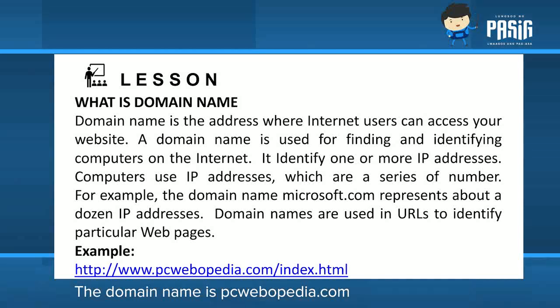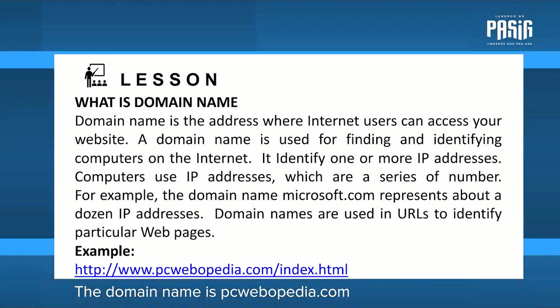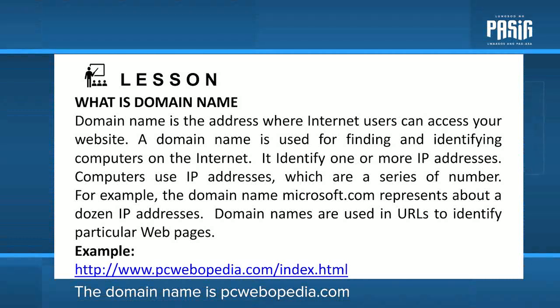Computers use IP addresses, which are a series of numbers. For example, the domain name Microsoft.com represents about a dozen IP addresses. Domain names are used in URLs to identify particular web pages.